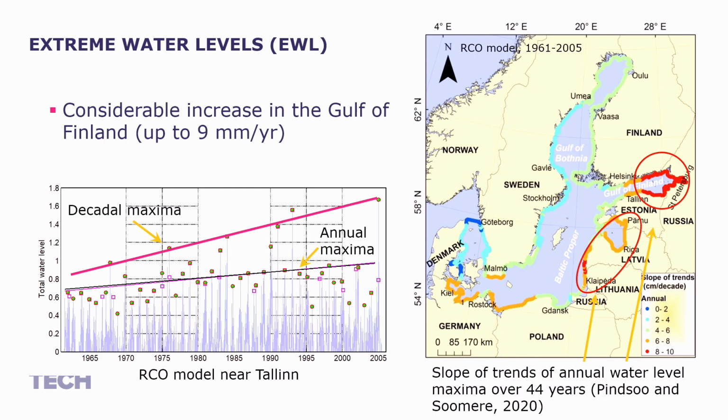The modeled annual maxima in the Eastern Baltic Sea has shown a remarkable increase, and the increase has been the highest in the eastern Gulf of Finland and in the Gulf of Riga. And this pattern leads to the question, what is behind this kind of increase of extremes, and is this pattern going to continue, and how will it be spatially distributed?